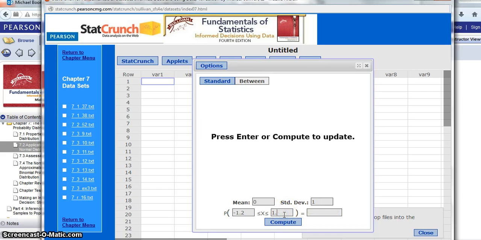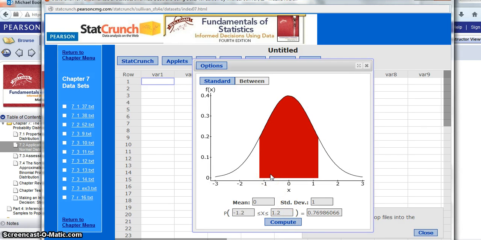So let's just pretend this is symmetric on both sides. That means there'd be the same amount to the left and the same amount to the right. So if I have 60% here, then in these pieces I have a total of 40%. The middle is 60%, so that means 20% should be over here and 20% should be over here.